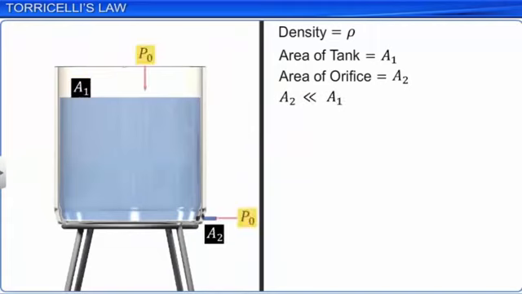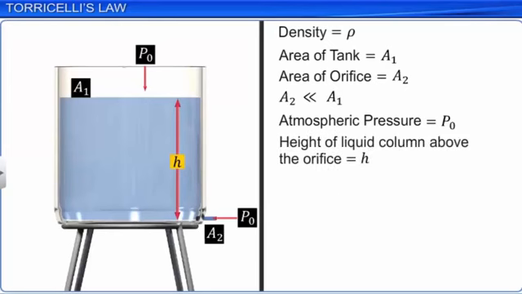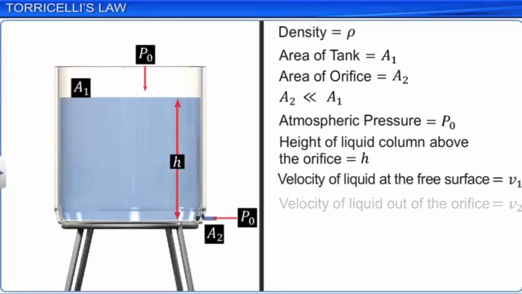Let P0 be the pressure at the liquid's surfaces that are open to the atmosphere, that is, at both the cross-sections of the tank exposed to the atmosphere. Let h be the height of the liquid column above the orifice. V1 and V2 be the velocity of the liquid at the free surface and out of the orifice respectively.